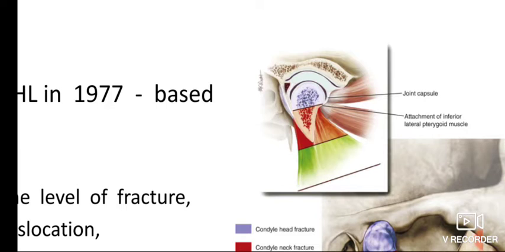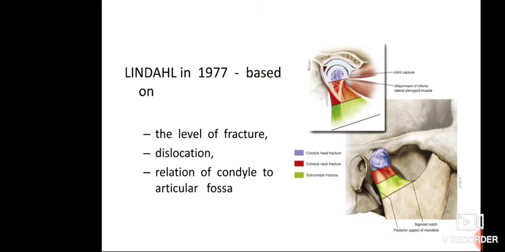Because of the attachment of the lateral pterygoid muscle, most of the time the condylar fractures are displaced anteriorly and medially. The muscle origin is medial to the condylar head, so its origin is anteromedial. Usually the bone fragment gets displaced towards the origin or action of the muscle, so the displacement direction is anteromedial for that reason.